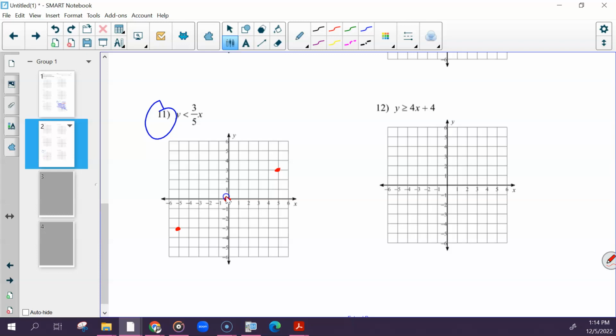Would this be dashed or solid? Dash. And then shaded above or below? Below. So that would be underneath.